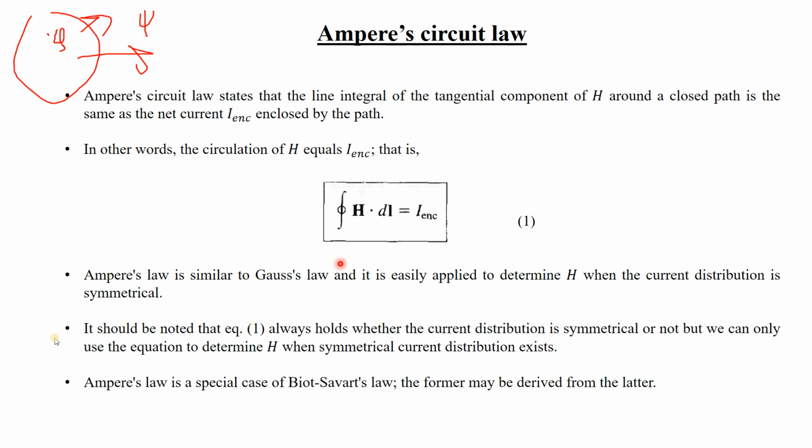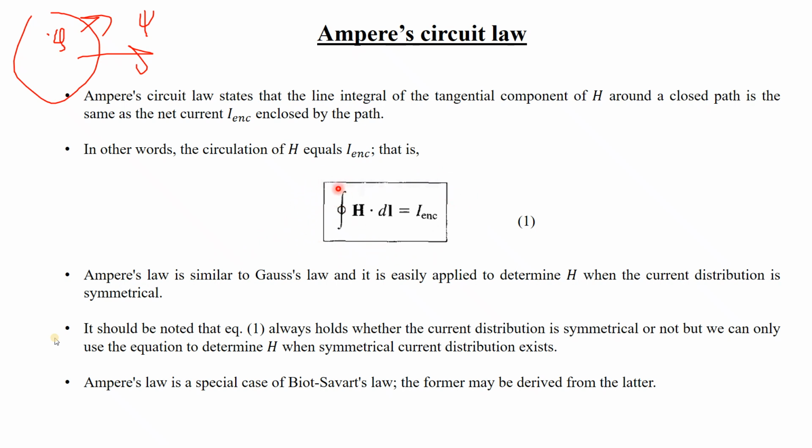When I show you the list of Maxwell's equations, you will see that every Maxwell's equation has an integral form as well as a differential form. The integral form is the Ampere circuital law, the third Maxwell's equation.